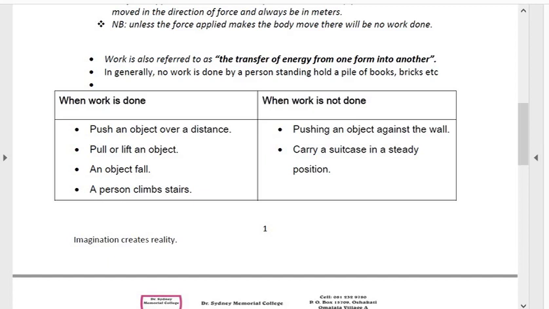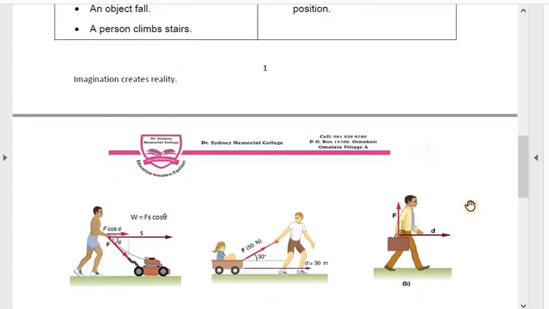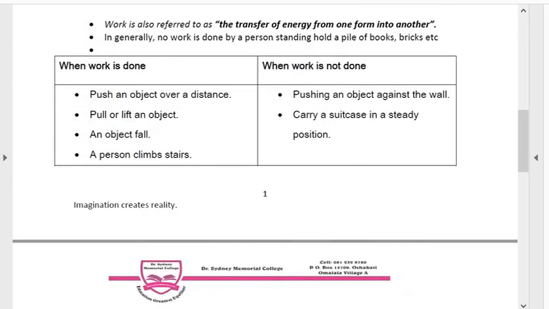But effectively, you're not actually doing work in the actual sense of work, because you're carrying a pile of books, which is a mass which can convert into a force, but because you are standing in the same position, then no work is actually being done.